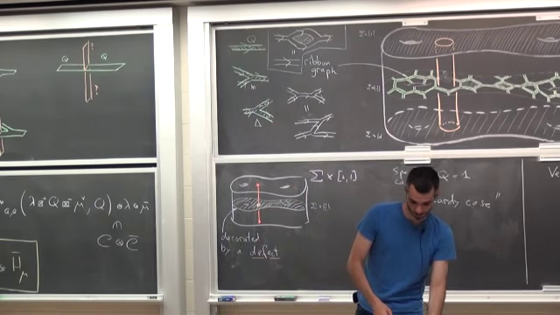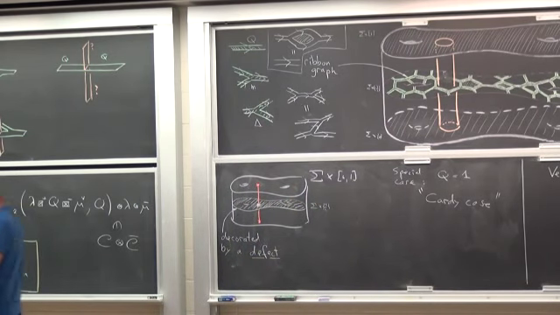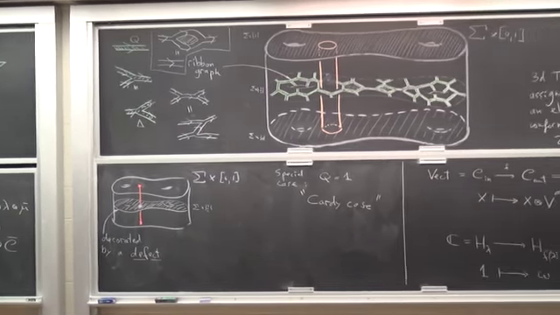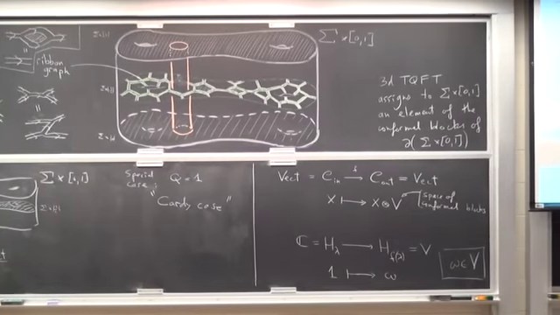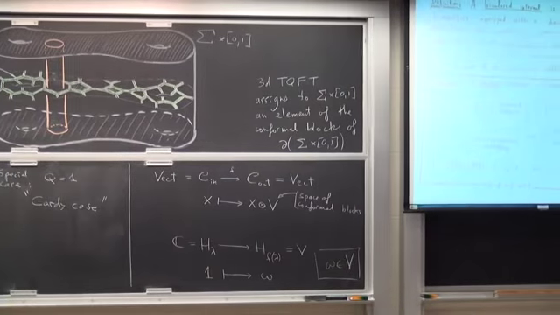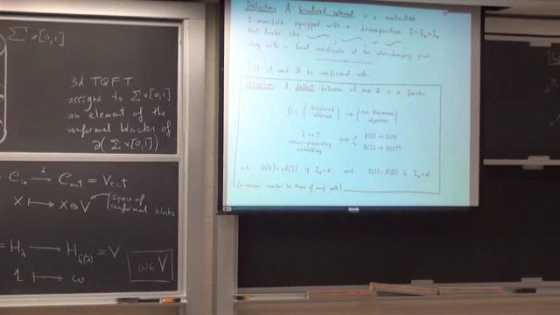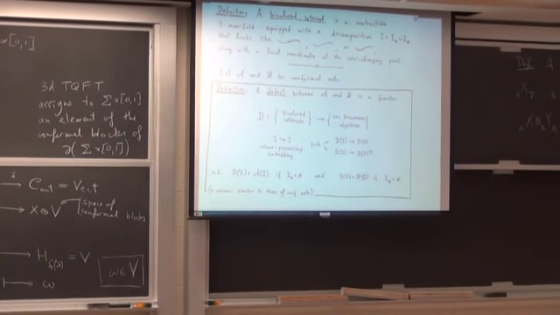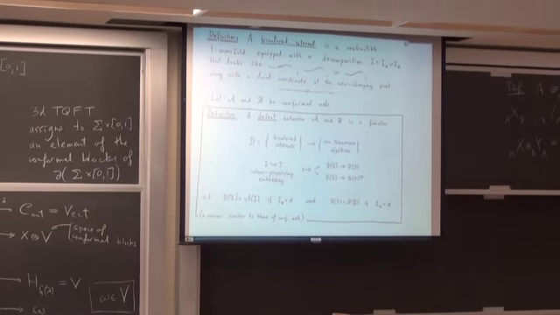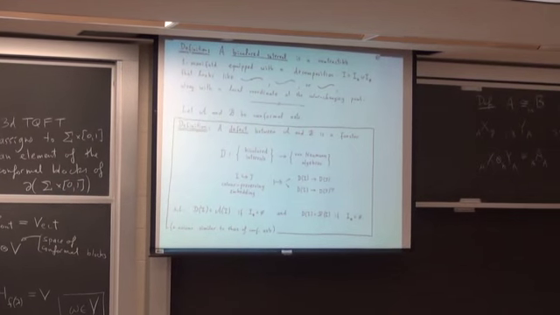But we're not doing that. So let me tell you now what the defect is. We start with two conformal nets, A and B.